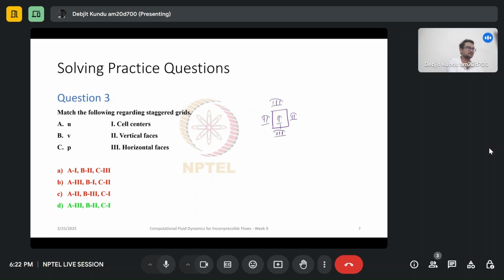And as we know, U is stored in, sorry, V is stored in 3. So, V should be 3, U should be 2, that is over here in the vertical faces, and P obviously in the cell centers. So it shouldn't be D, it should be A2, B3, and C1. That is, C should be the correct answer.